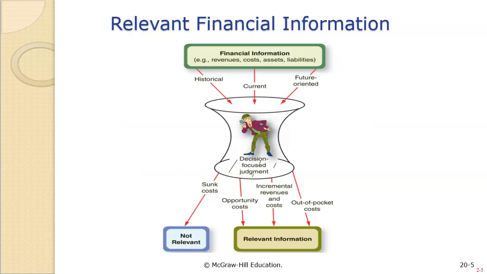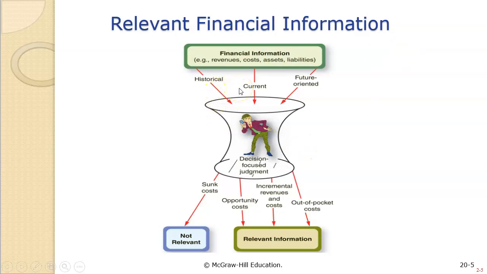Here is a visual of what we are talking about with relevant financial information. Up at the top, you have financial information, which comes from the financial statements you prepared, from the income statement and balance sheet: your revenue, costs, assets, and liabilities.